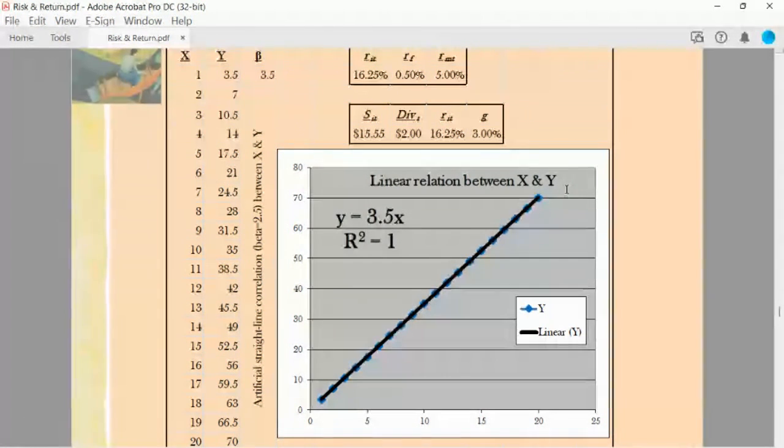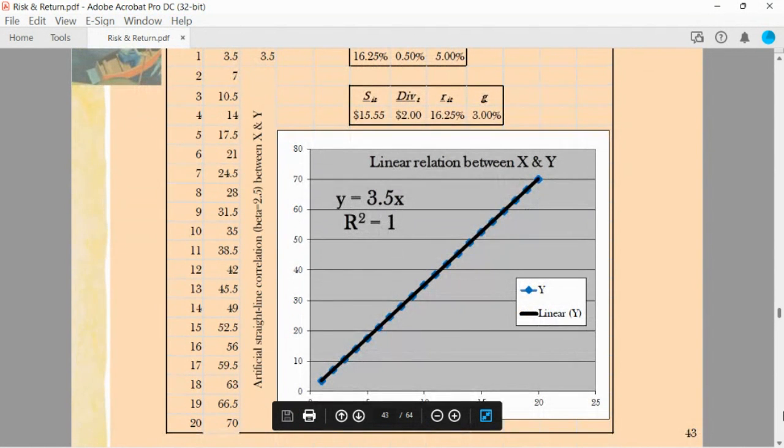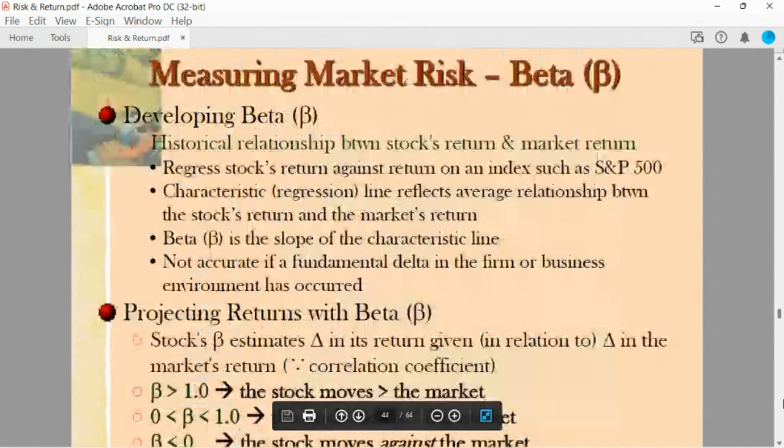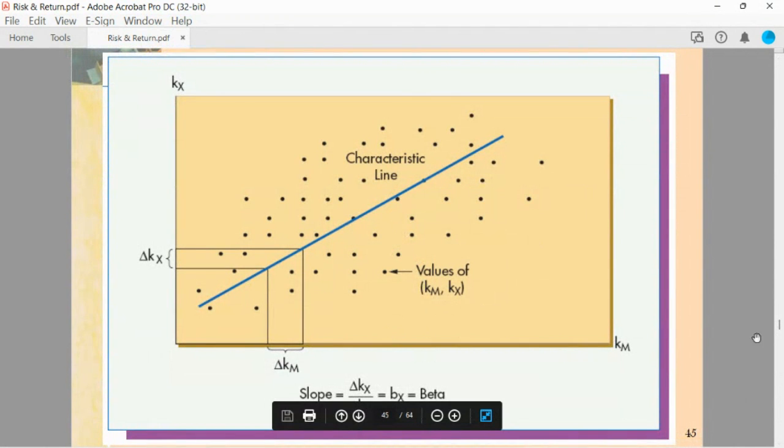It was because the y values were generated by beta. In other words, if they gave you a beta, then it's not difficult to generate y values, and they will fall neatly on a line. But reality isn't like that.